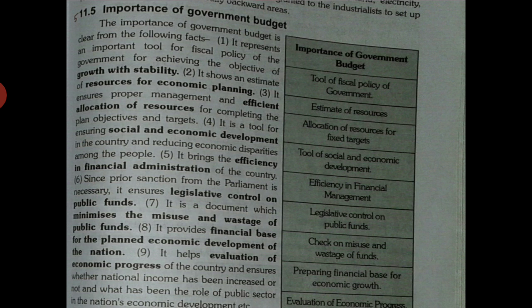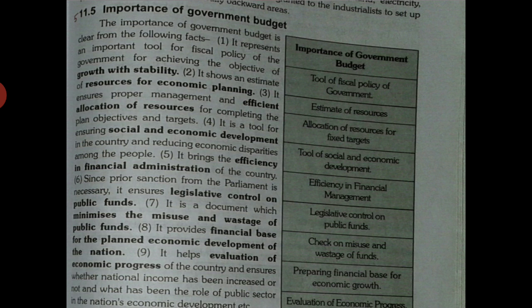Moreover, it ensures that proper management can be done and allocation of natural resources can be done efficiently. This is a tool for social and economic development, and it brings efficiency in financial administration and stops the misuse and wastage of natural and human resources.